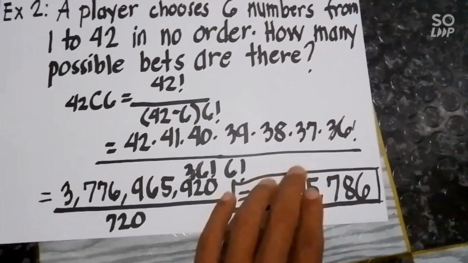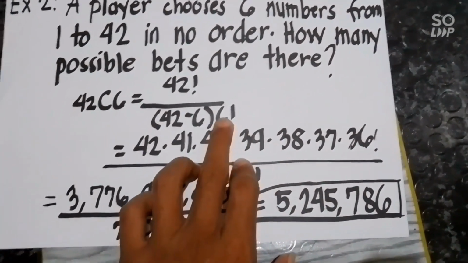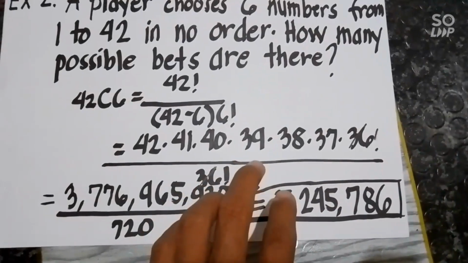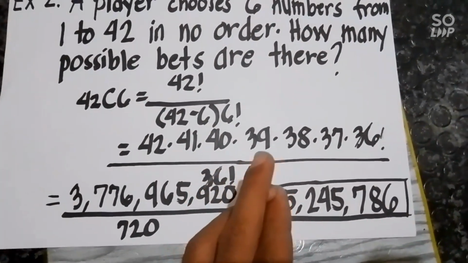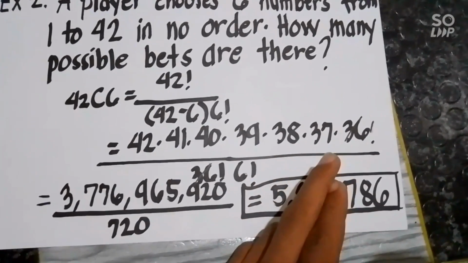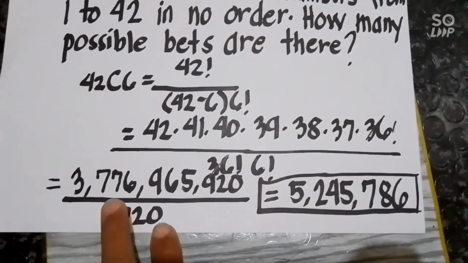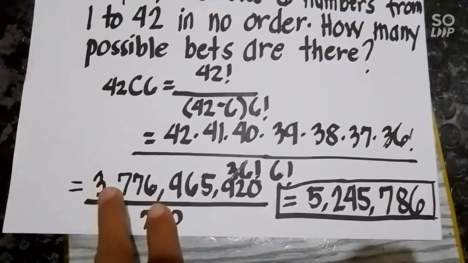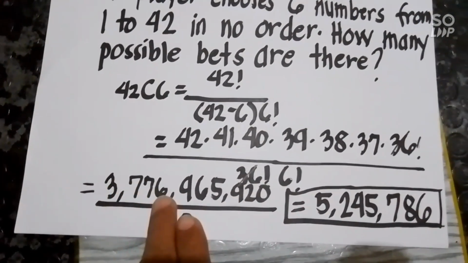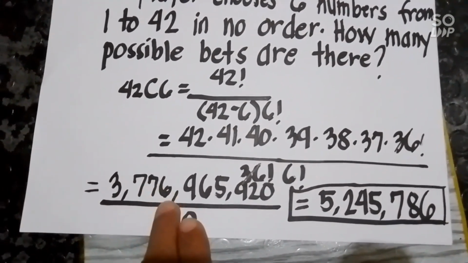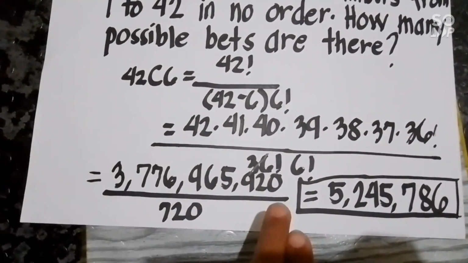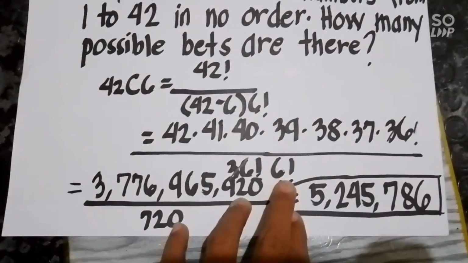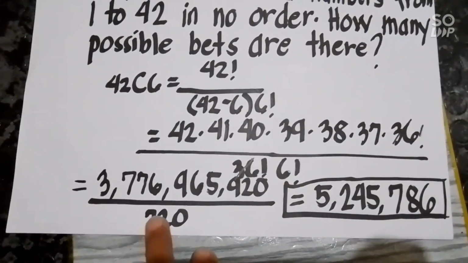Shortcut, guys. We copy 6 factorial and put it right here. The result of 42 times 41 times 40 times 39 times 38 times 37 is 3,776,965,920, and the result of 6 factorial is 720.